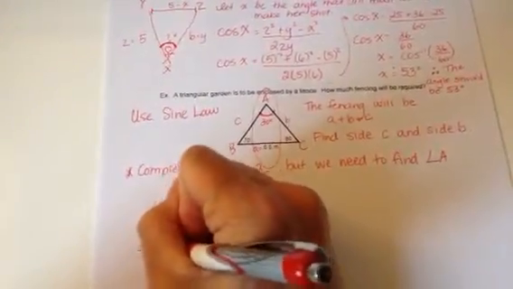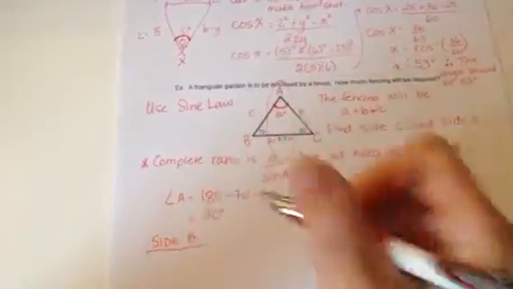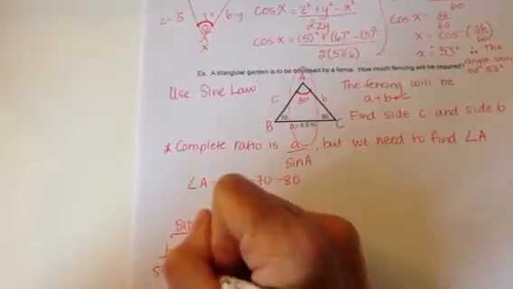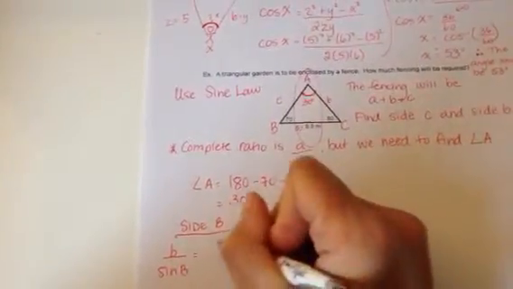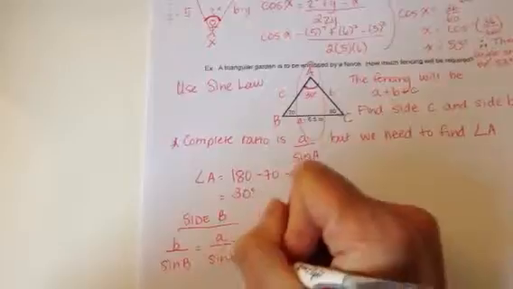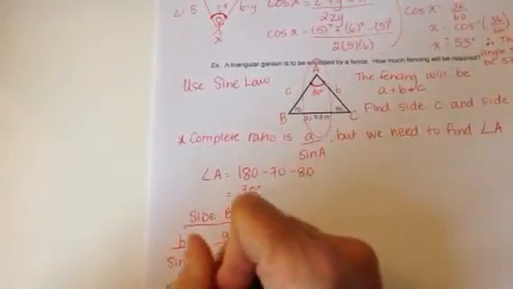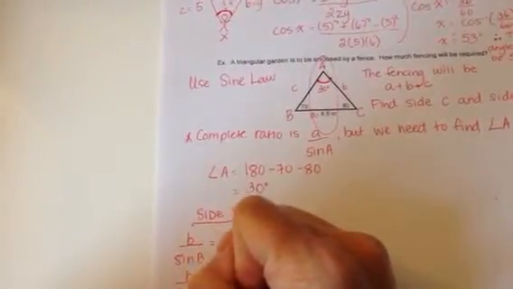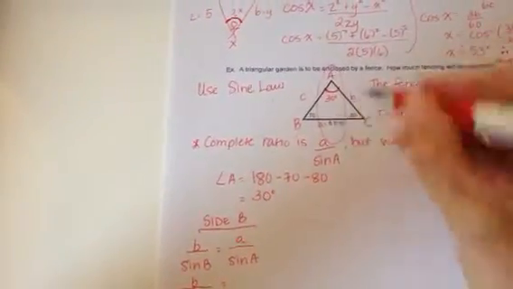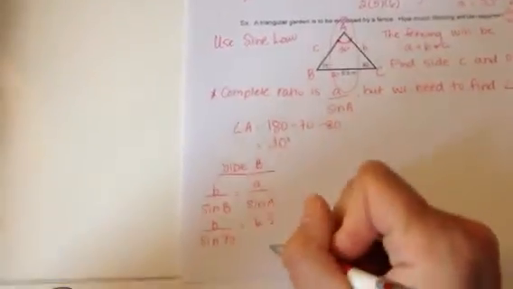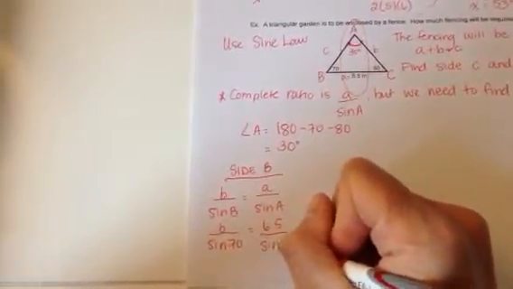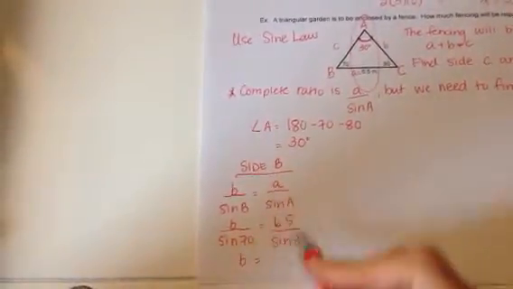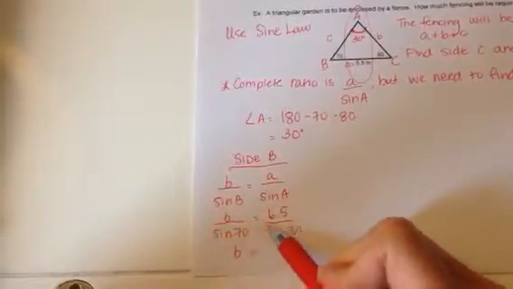So for side B, let's do side B first. B over sine B is equal to, we're going to use our A because that's our complete ratio. We're looking for B. Our angle B is 70, so sine 70. Our side A is 6.5, and our angle A is 30, which is what we just found. We're going to cross multiply. We bring the sine 70 up to the other side.